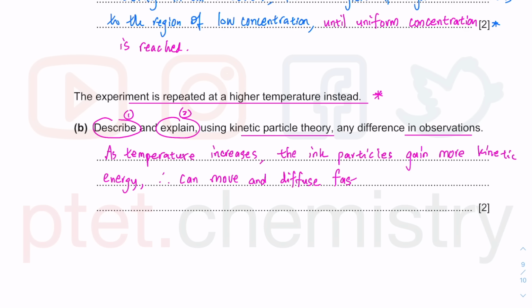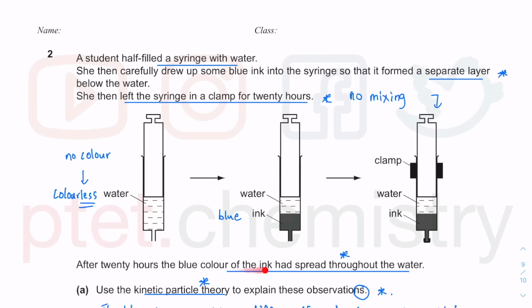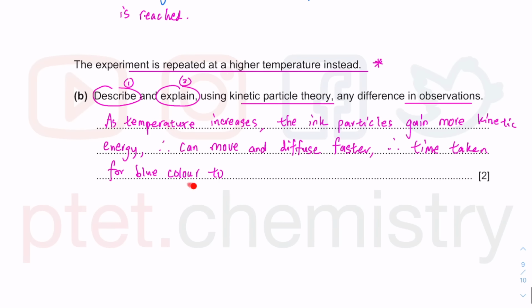And if they diffuse faster, therefore the time taken for the blue color to, if we read back the question, it says the blue color spread throughout the water. So we're talking about the rate of diffusion, the time taken for the blue color to spread throughout. Basically the rate of diffusion is faster.